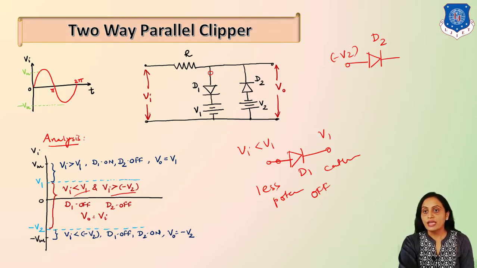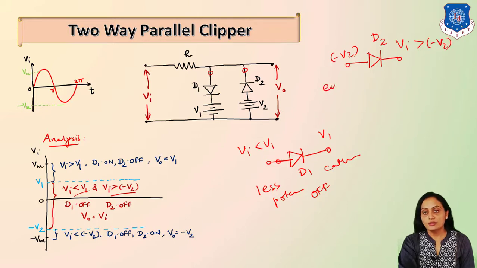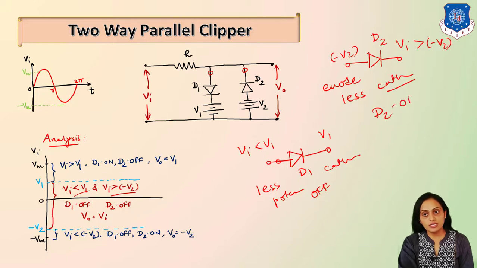And if at the cathode the input voltage is greater than minus V2, then what happens? At the anode terminal the voltage is less than that of the cathode terminal, and that is why we can say that D2 is also off, or reverse bias.